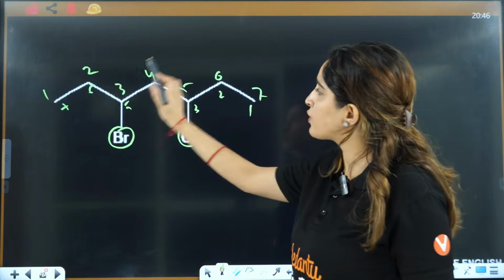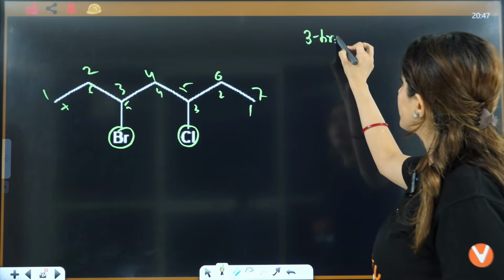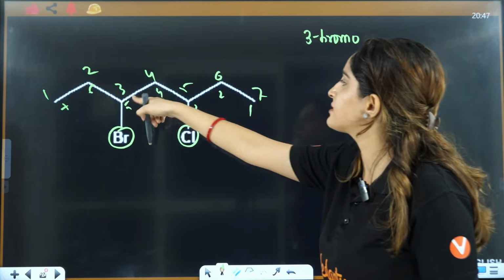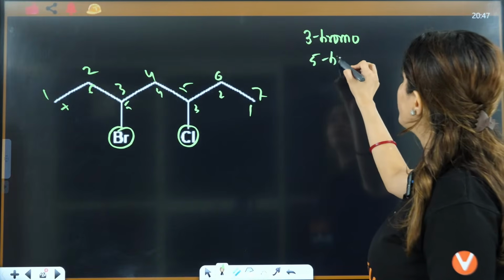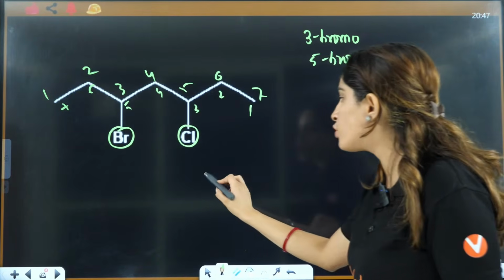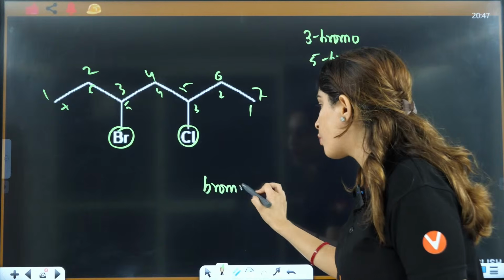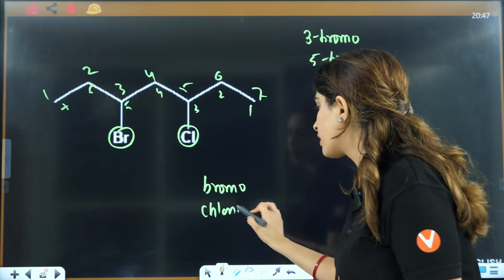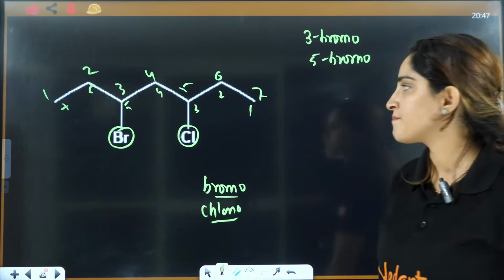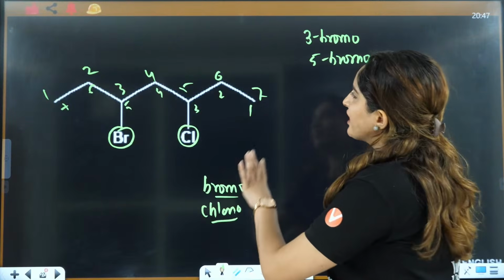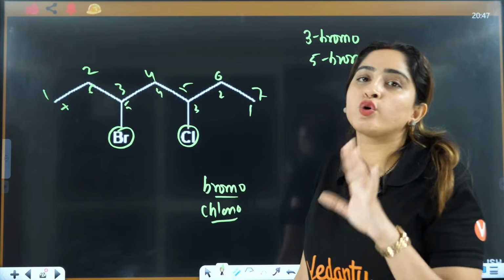In this case you are giving 3 bromo, in this case you are giving 5 bromo. You have 2 substituents, one is bromo, one is chloro. Either you can give bromo the lowest number or chloro the lowest number.